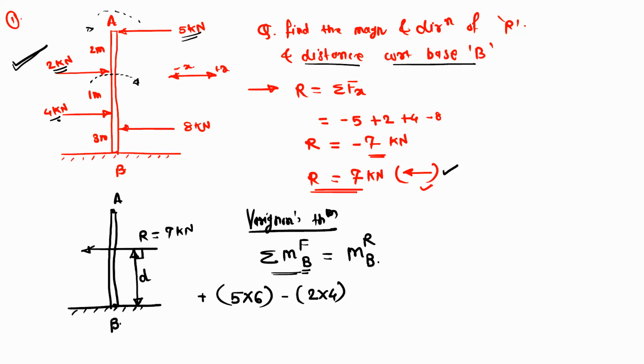Then next is 4 kilonewton. So it is 4 into the distance, which is 3 meter. And again this moment is in the clockwise direction. So it is negative. Next force is 8 kilonewton.